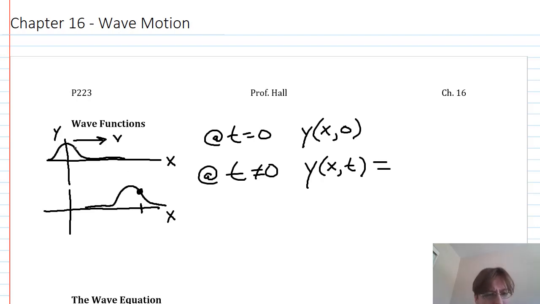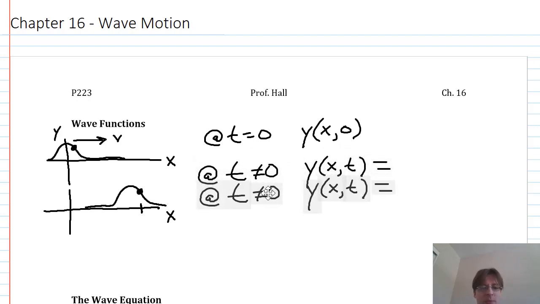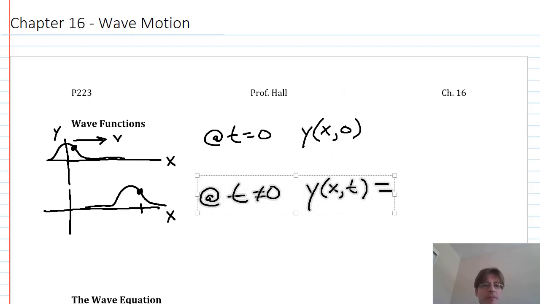Well, all I have to do is look back to the left. This is the same wave, but at a time t later. And to figure out what the y value is of that point, all I need to do is look back a little bit, a distance vt. You see, this point right here is exactly the same y value as this one.